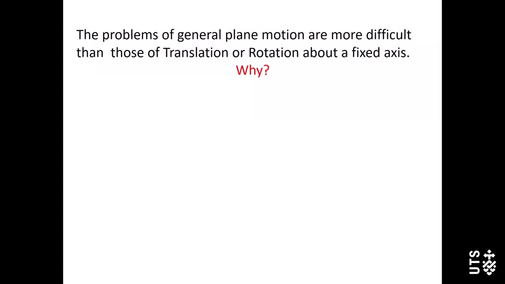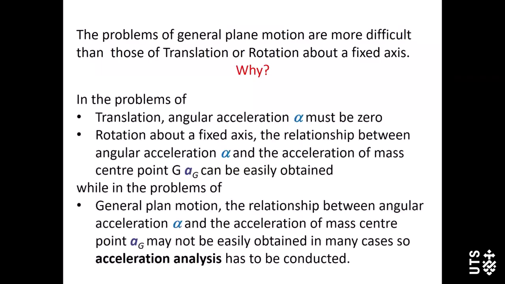Why? You know, in the problems of translation, the angular acceleration alpha of the rigid body must be 0.